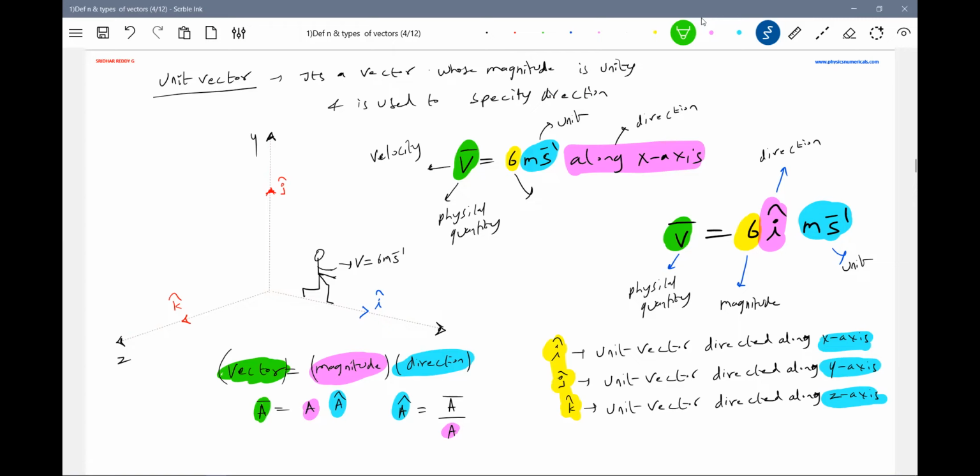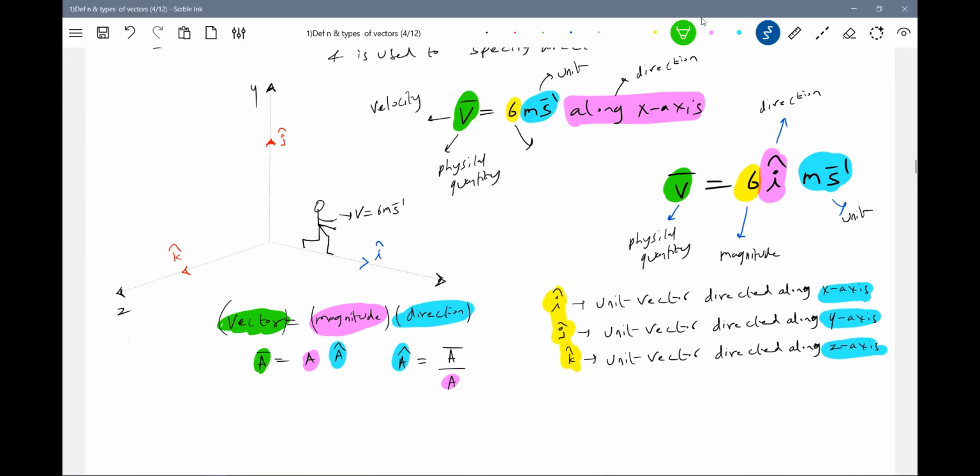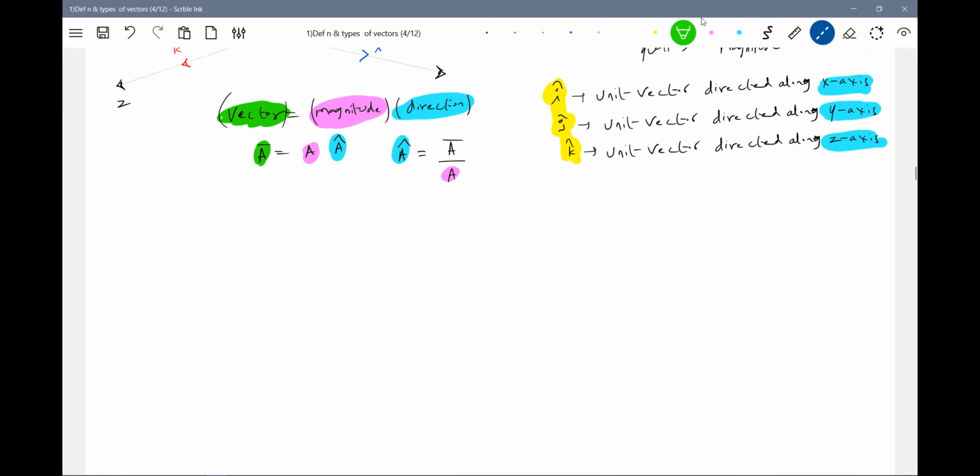So are there only 3 unit vectors? No, you can bring n number of unit vectors. In what direction is this a cap? A cap can be in any direction. I think this is something very fundamental which you must be able to understand. So what is the direction of a bar? A bar can be somewhere in space, and a cap will be along a bar.